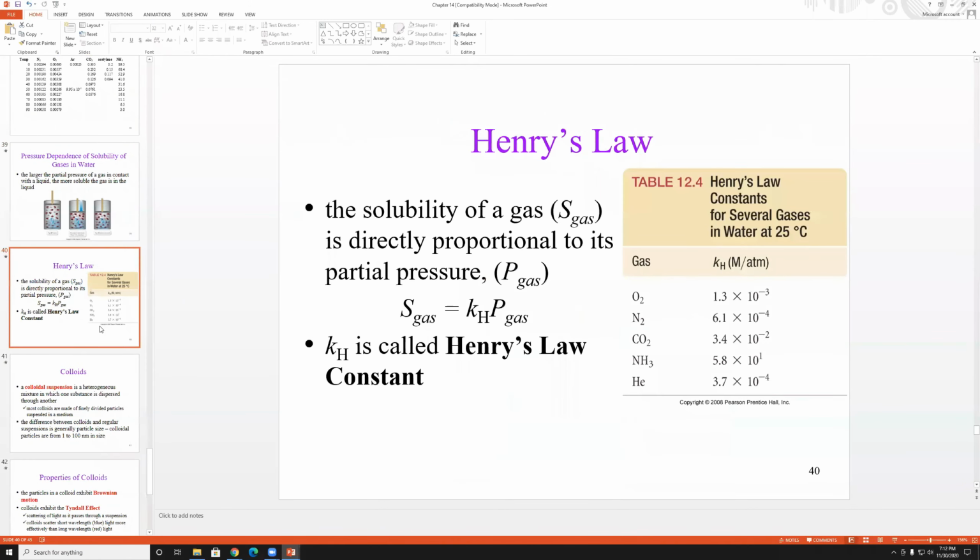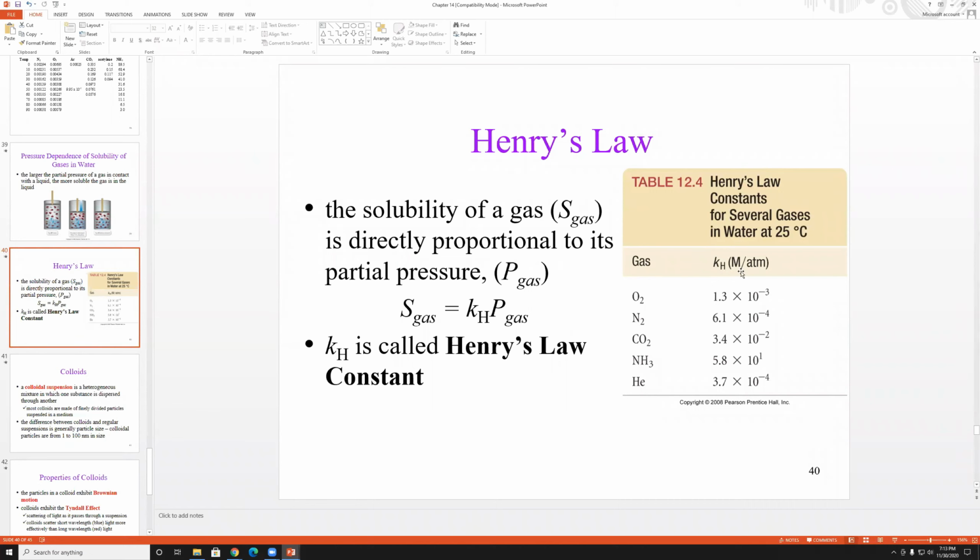Okay, one more thing. Henry's law. Henry's law tells you the solubility of a gas is directly proportional to its partial pressure. So you have the solubility of a gas and this constant, which is the Henry's law constant for several gases in water.